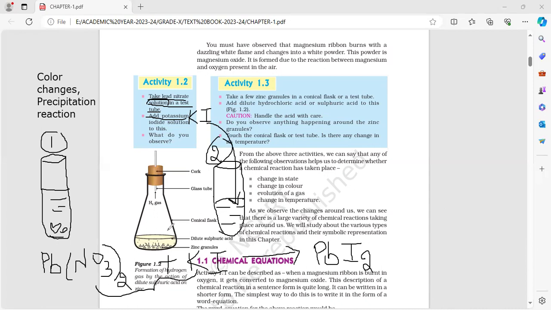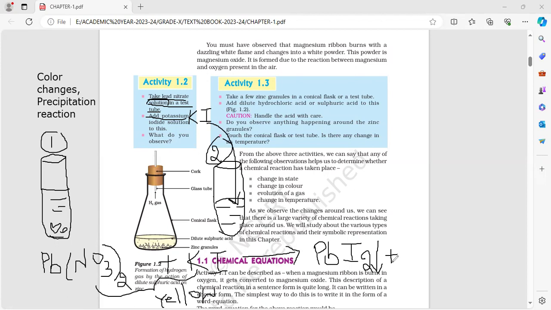When we mix these two solutions, the color which forms is yellow. You should remember that: the color changes to yellow. Then this lead iodide is a precipitate which settles at the bottom of the test tube. It is in solid state, so we call it a precipitate.